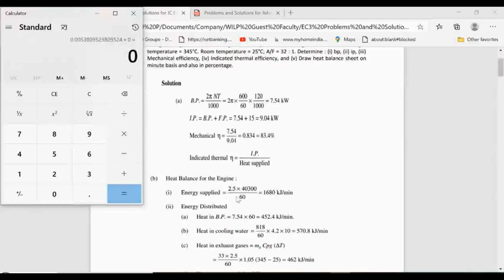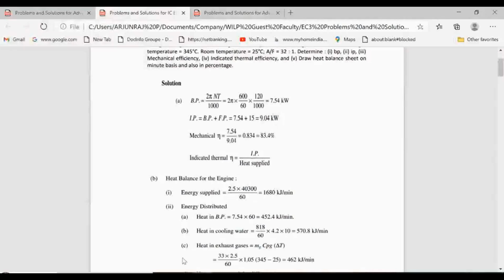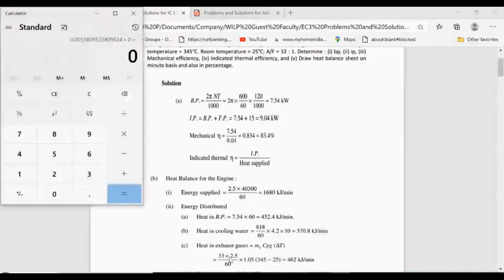You would have understood this formula, right? Now the indicated power we get is 9.04. You need to convert this in terms of minutes, which we forgot last time. So 9.04 into 60 divided by 1680. This is the indicated thermal efficiency. We forgot to multiply by 60. You just correct it. This should be the value.